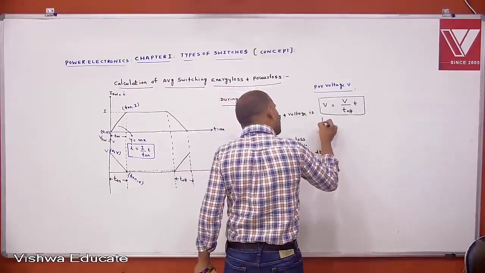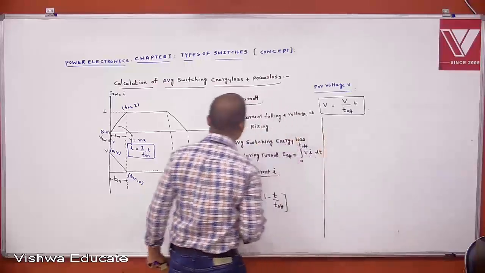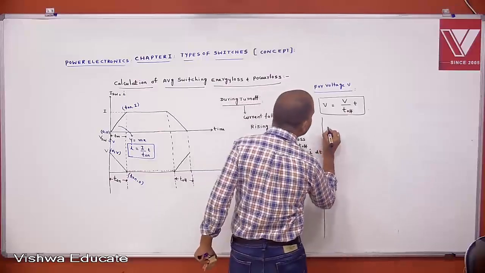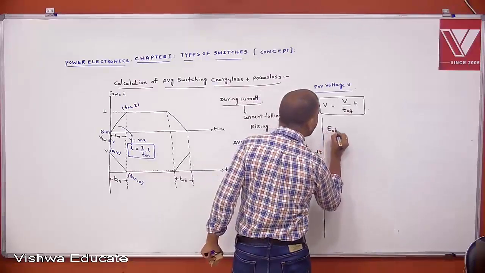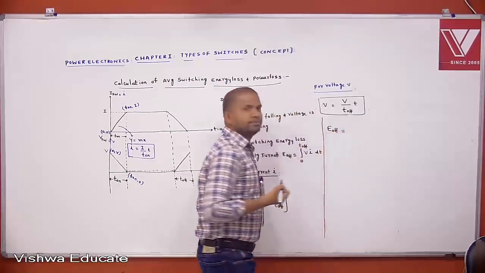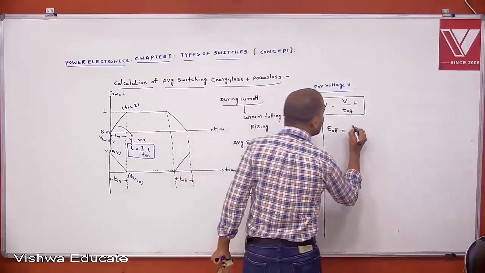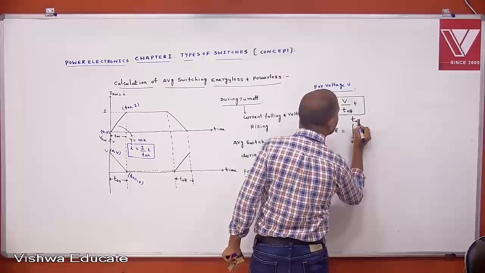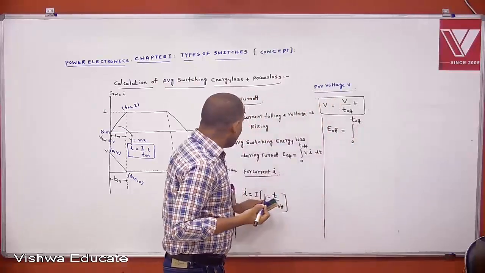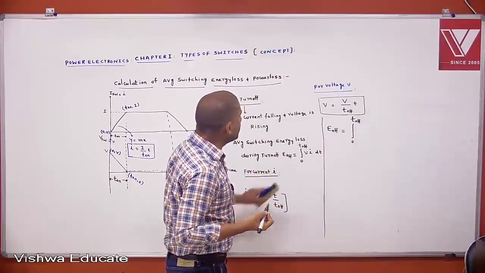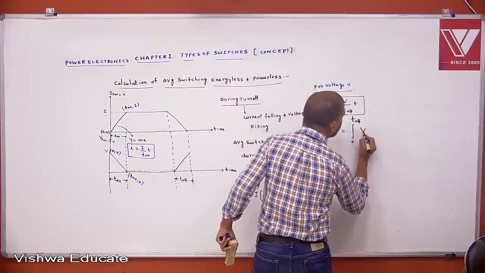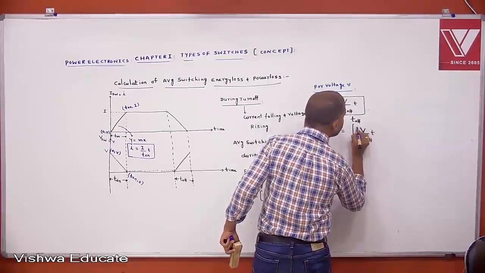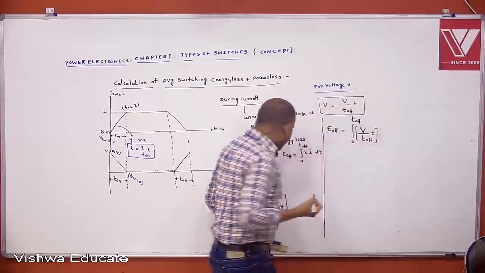Now average off state power loss, average switching energy loss during turn off, off state energy loss, E off equal to integral 0 to T off of, what is the expression for V? You have written V by T off into T. What is the expression for I?